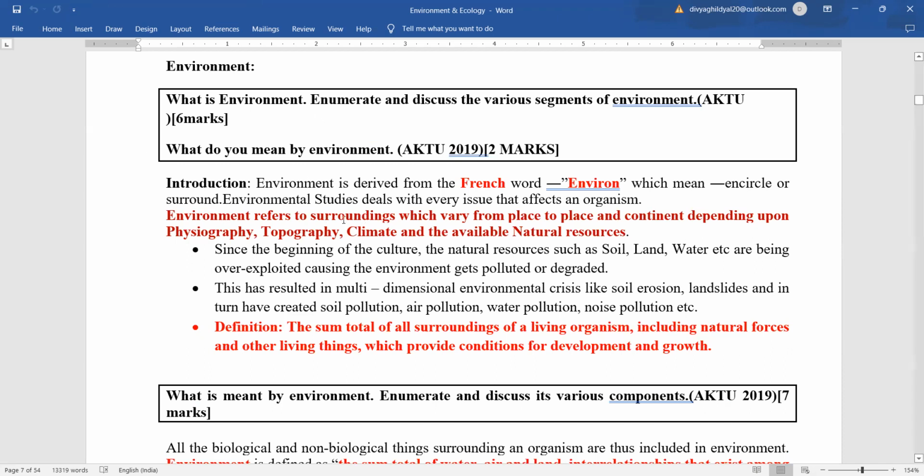This word is very important when you give the definition of environment, which varies from place to place and continent to continent depending upon the physiography, that is the physical features of the place, topography, that is the location, climate, that is the type of climate of that place, and the available natural resources.